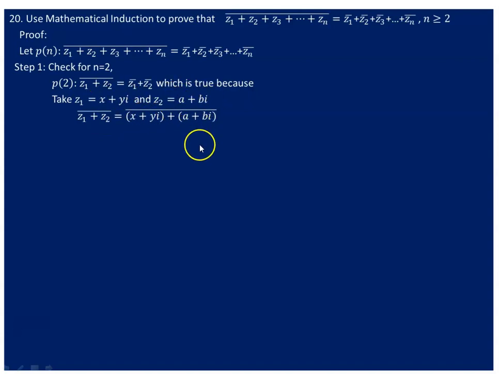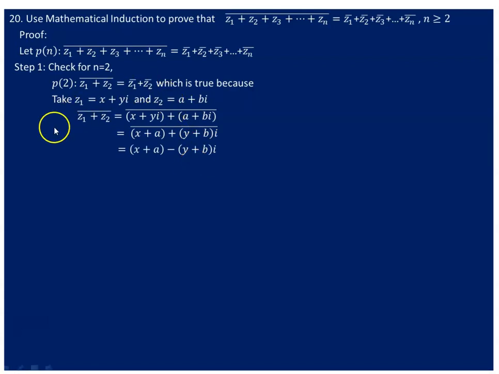From this, the real parts must be added together and the imaginary parts must be added together. So x plus a comes here, and y plus b comes here. We are now looking for the conjugate of this one. The conjugate is a matter of changing the plus sign of the imaginary part to a minus sign. So it will be x plus a minus y plus bi.